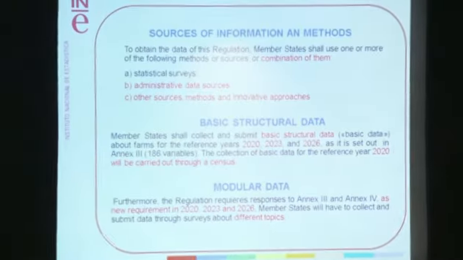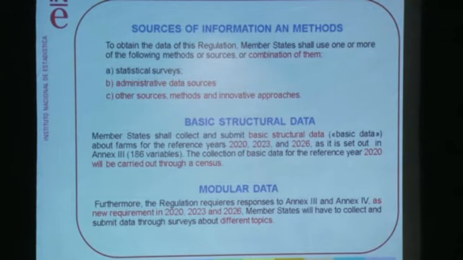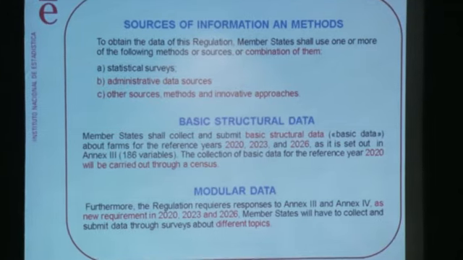First is Article 4 regarding the sources of information of our census. This regulation allows to carry out the census based in 3 different possibilities. First, statistical surveys. This was our common approach in the last census. Second, administrative sources. And finally, methods and innovative approaches.